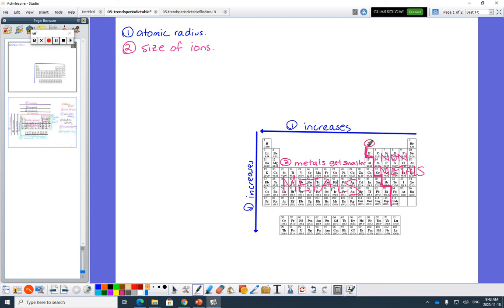And because nonmetals gain, they get bigger. Not even going to write a nice sentence. Nonmetals, bigger. That's it. Or larger, if you prefer larger, that's fine. What do we do next? Ionization energy.